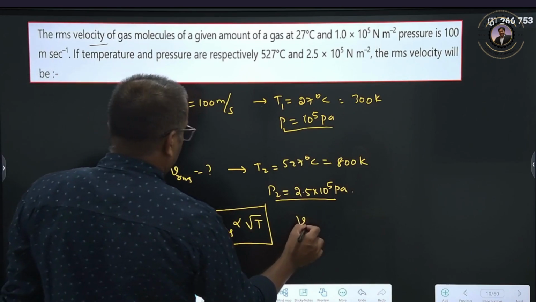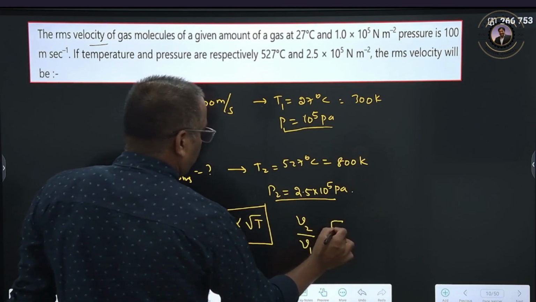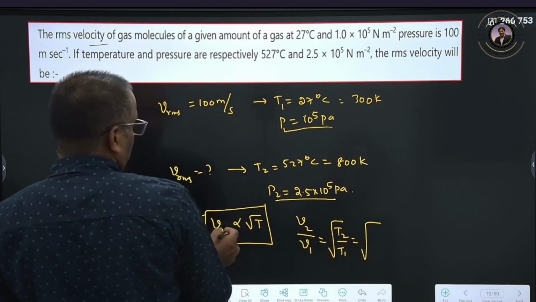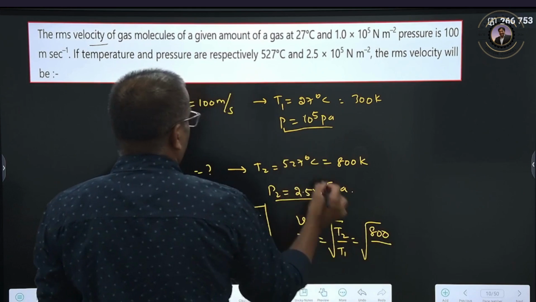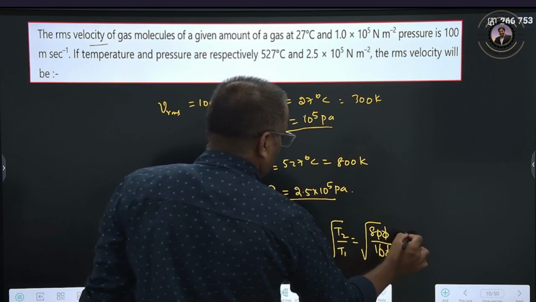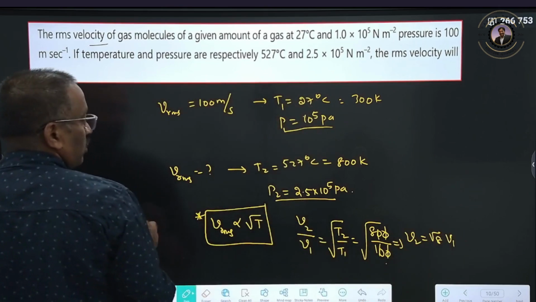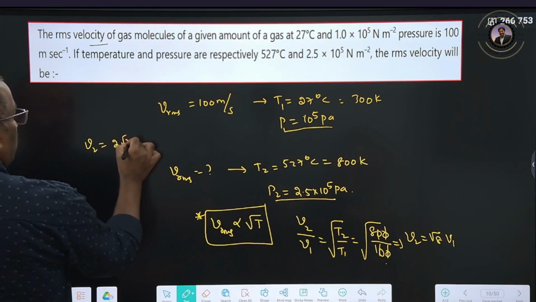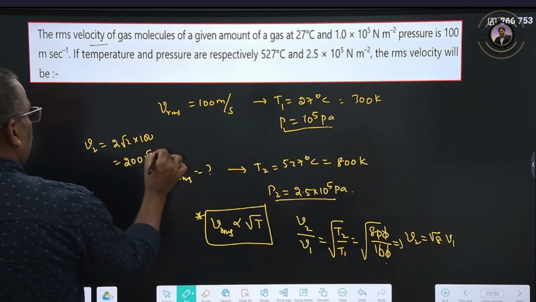So V2 by V1 equals root of T2 by T1, where T2 is 800 and T1 is 100, so V2 is root 8 into V1, which is 200 root 2 meters per second.